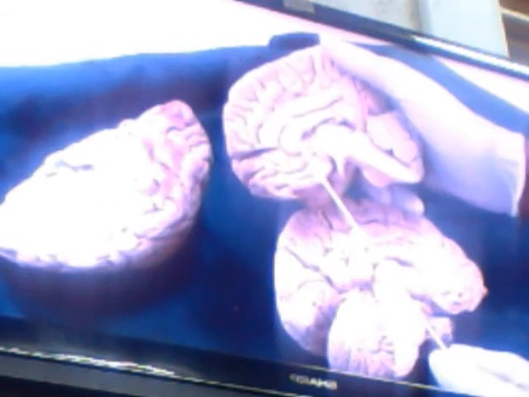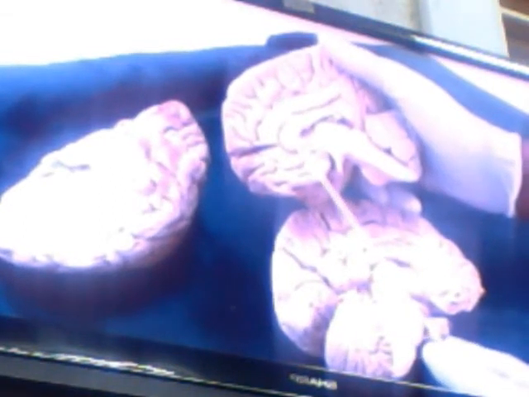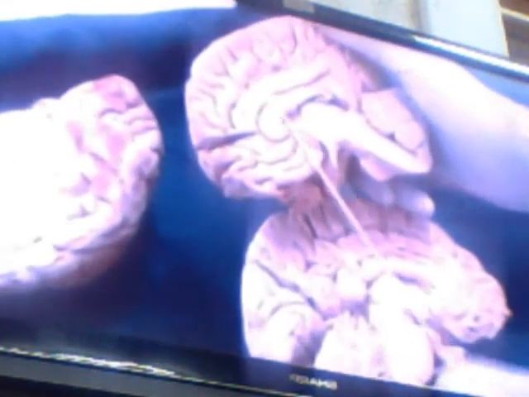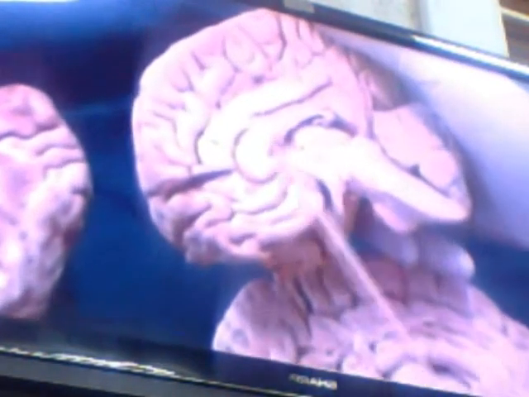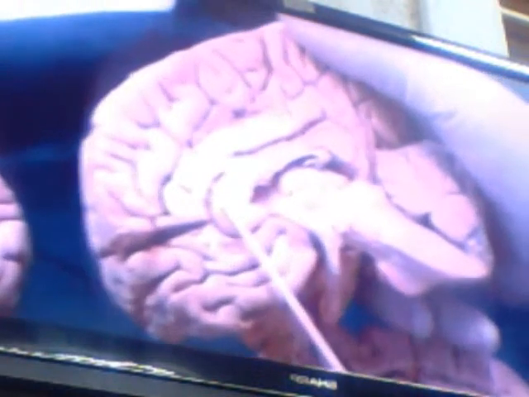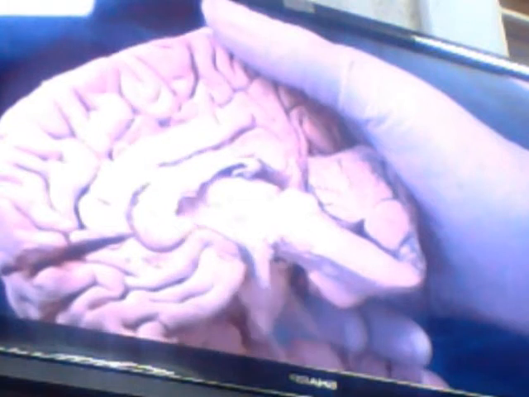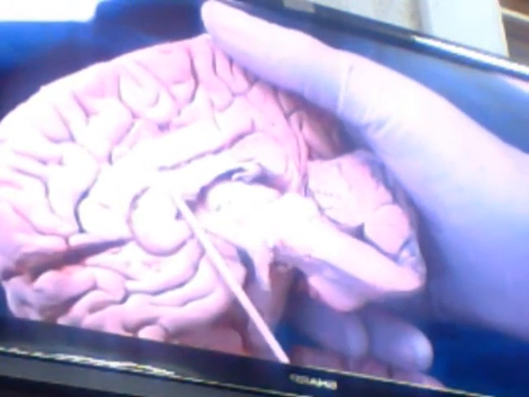It's possible to find some people who do not have a corpus callosum. It is referred to as agenesis.